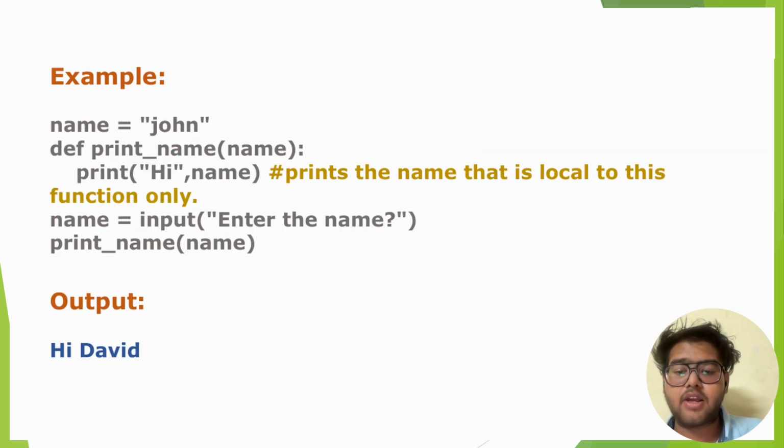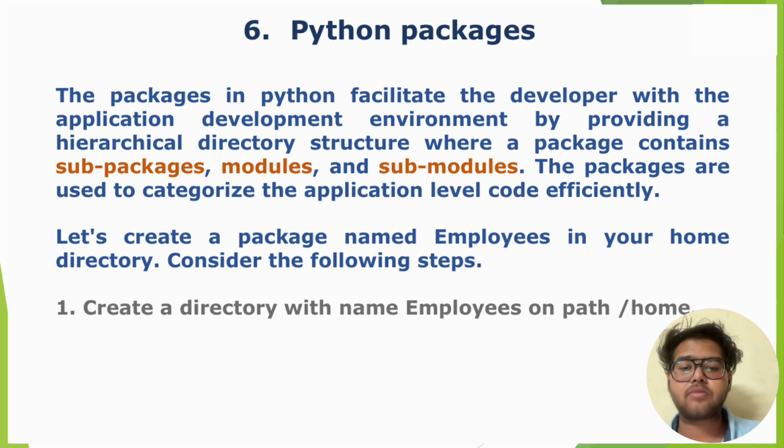For example, in this Python code, we can see that it prints the name that is local to this function only. Or if we do not provide this local variable, it prints the name which is present globally in the code.